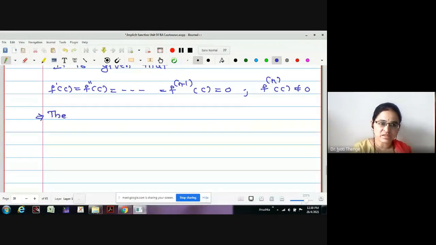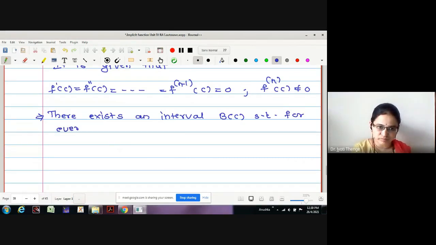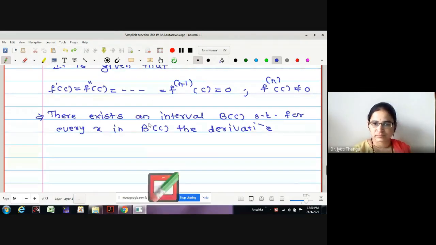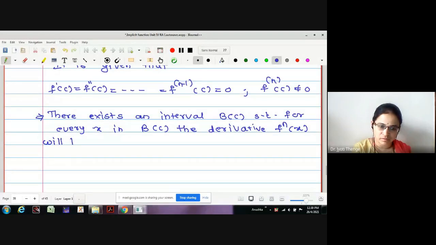Therefore, let me write: there exists an interval B(C) such that for every x in B(C), the derivative f^(n)(x) will have the same sign as f^(n)(c).